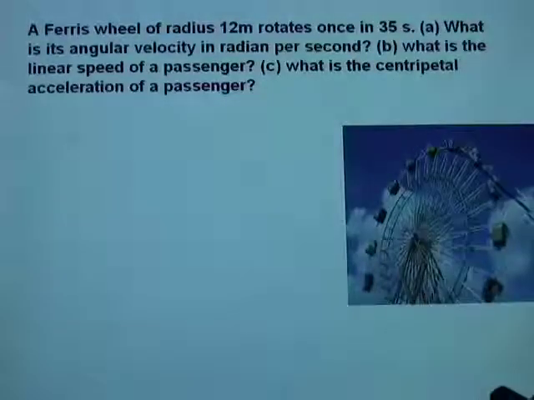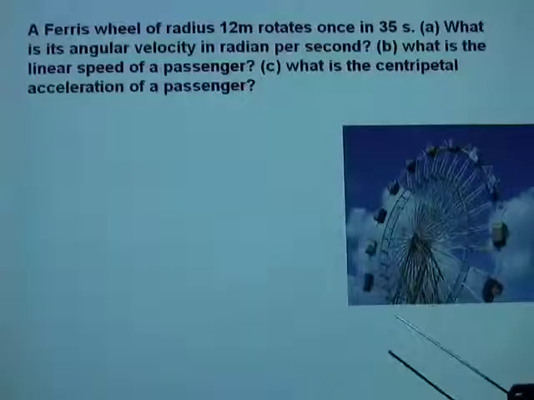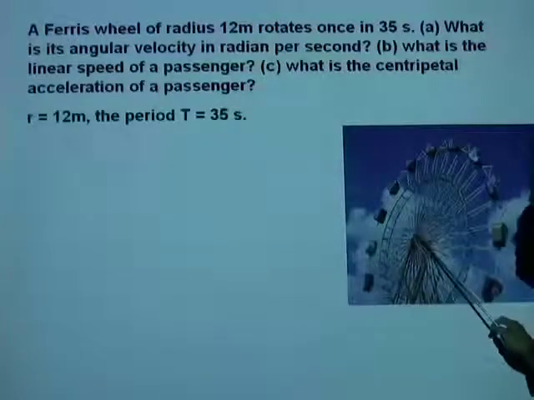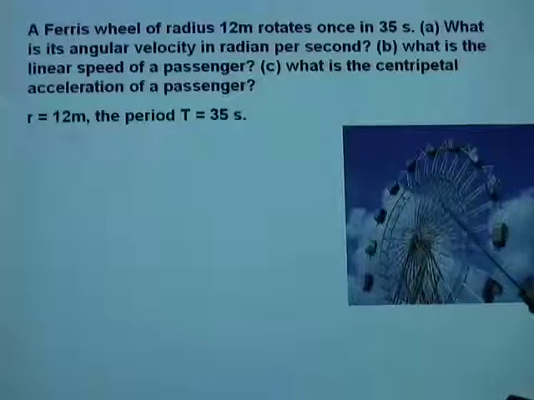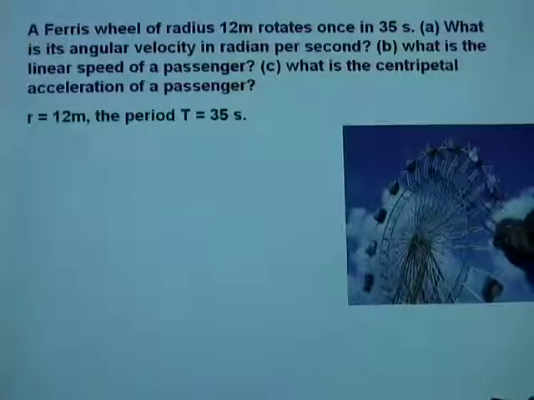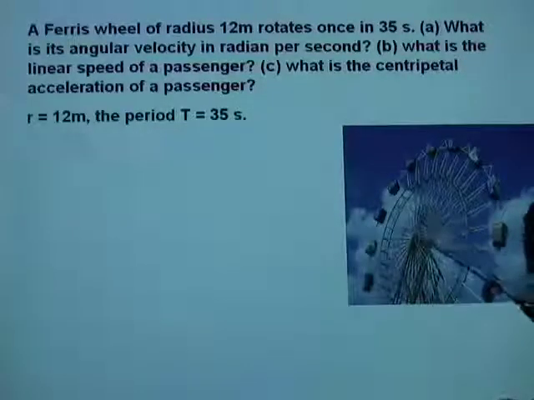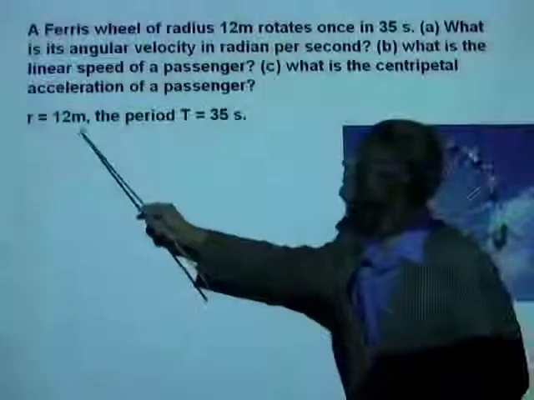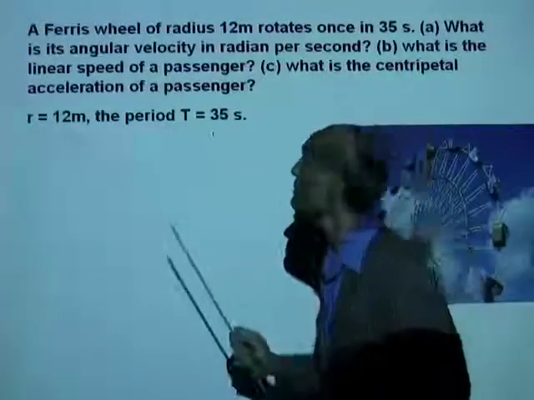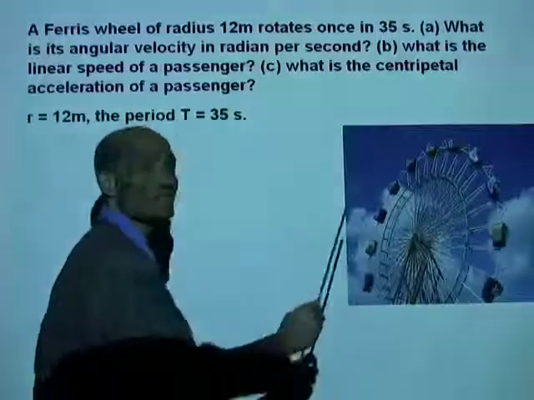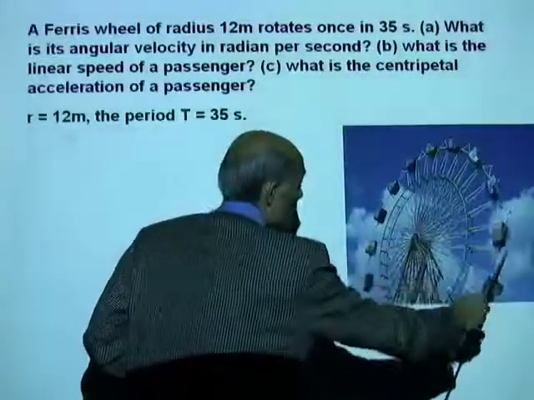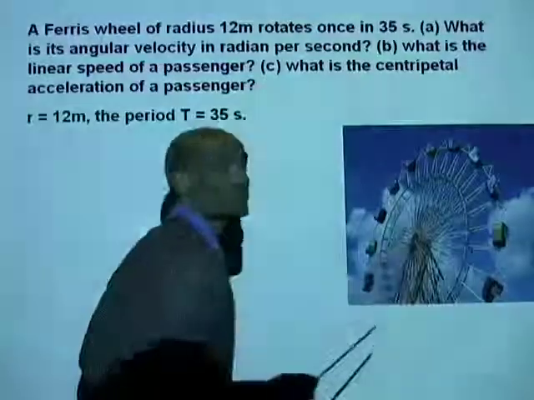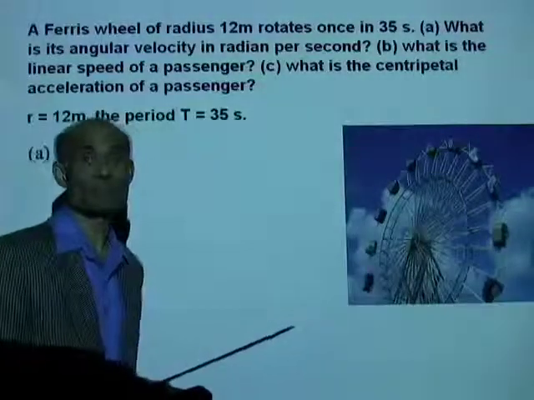Well, here is the Ferris wheel. You are familiar with this. The radius is 12 meter, that's that distance, and passengers are sitting at the edge, meaning the distance of a passenger from the center is 12 meter. And the period is 35 seconds. The time taken to go round once is 35 seconds.